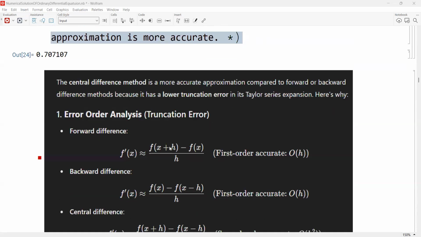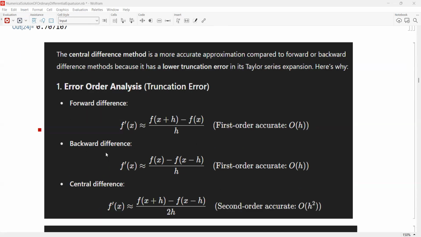Here's why. So we have the forward difference method here. It is first order accurate, so the order of accuracy is equal to 1. For the backward difference here, it is also first order accurate, so the order of accuracy is equal to 1 also.